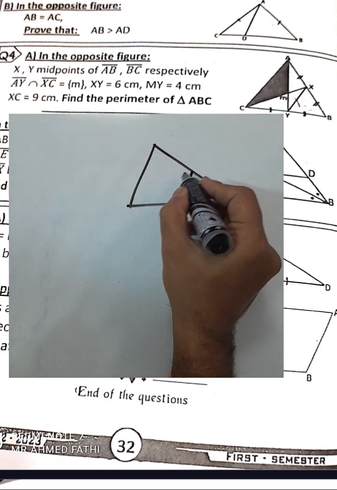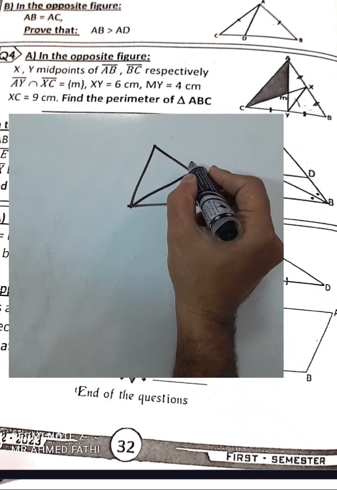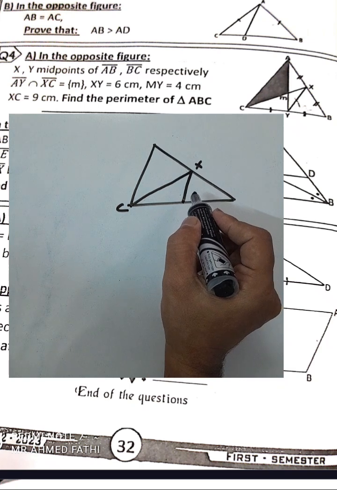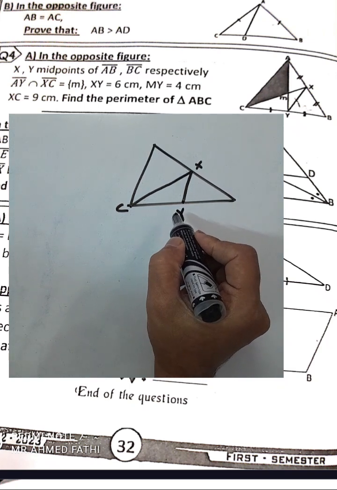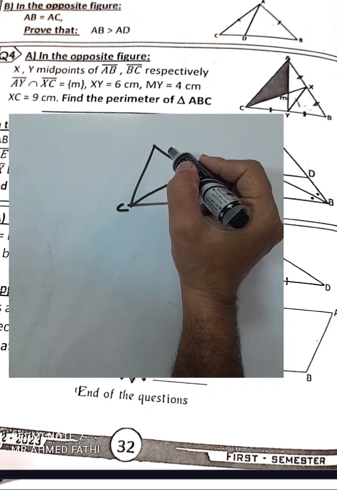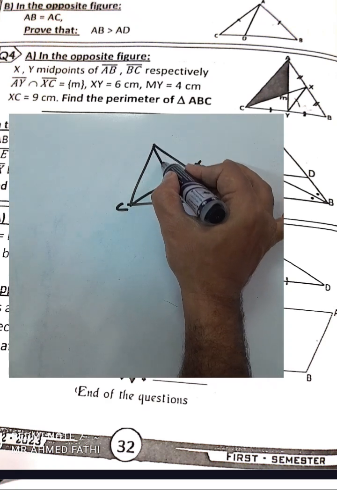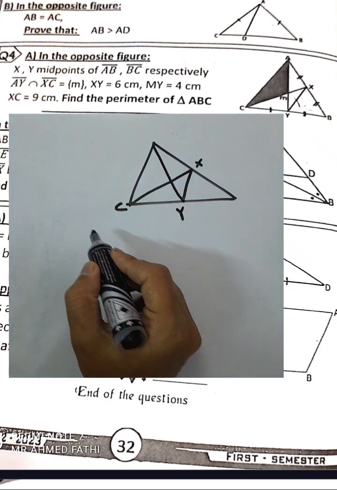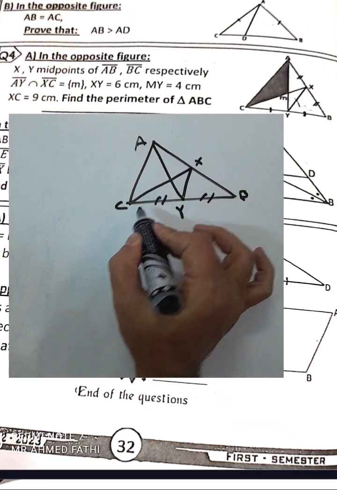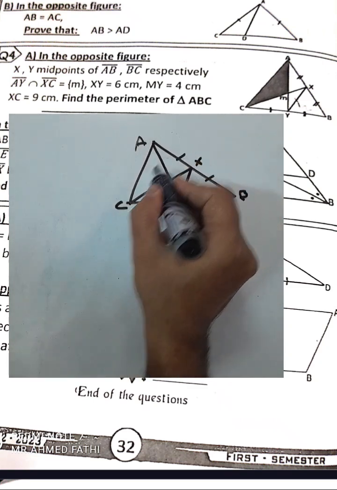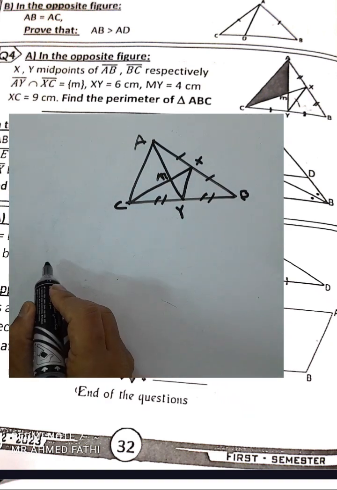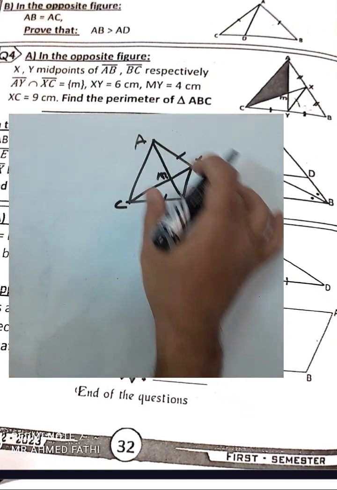We have here X and C and Y, and we have the median here. ABC is a triangle, it's in the middle, and this point in the middle, and we called it M. Okay, M is the intersection of the 2 medians.